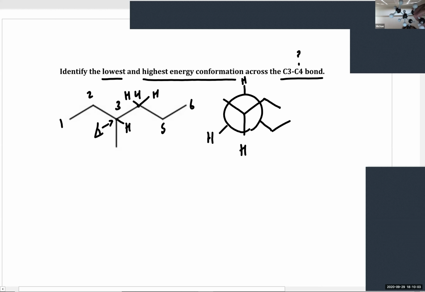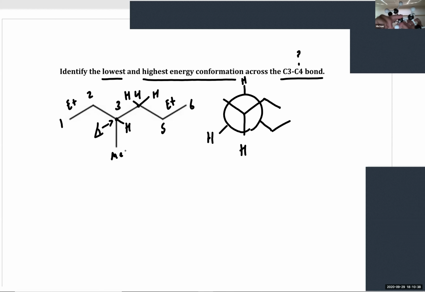Does that make sense to everyone? So this is our ethyl group, this is our ethyl group, this is our methyl group. Does that make sense, how we got this Newman projection looking down one of our carbon-carbon bonds? Again, just to show this one more time, we start with our long chain structure. We are asked to look down the carbon 3 to carbon 4 carbon-carbon bond.